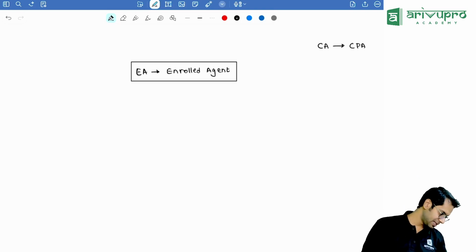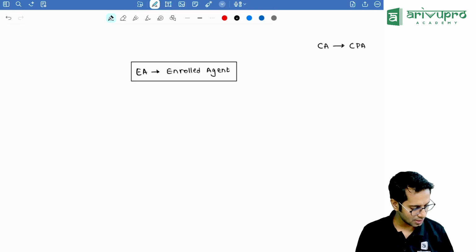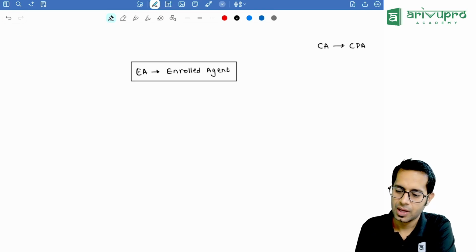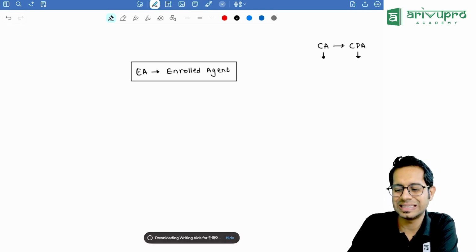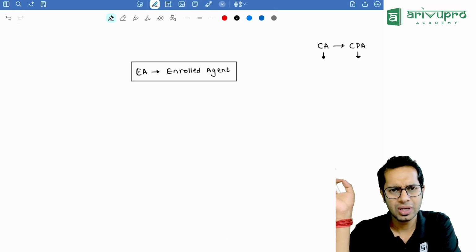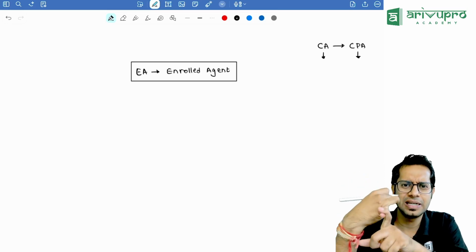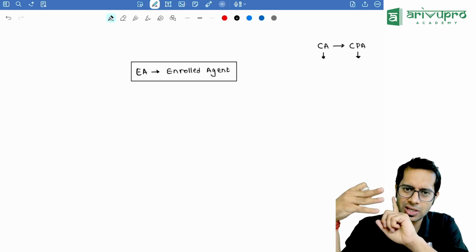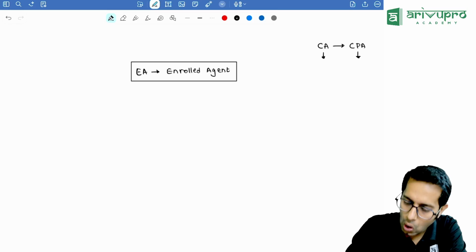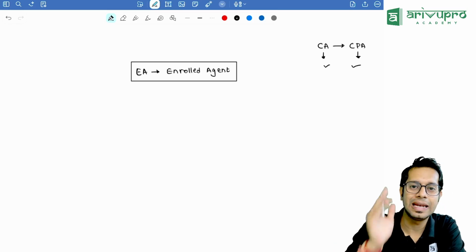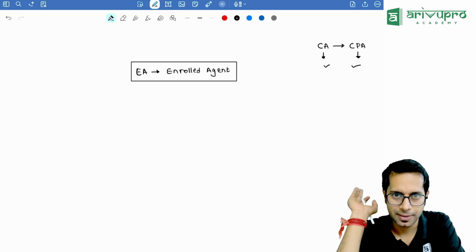CPA is the CA in the US. Whatever work a CPA can do over there, similar work can be done by a CA in India, meaning representing a client, filing tax returns, giving any consultancy or doing audits, etc. All the works which a chartered accountant in India is doing, the same work is done by a CPA over there.